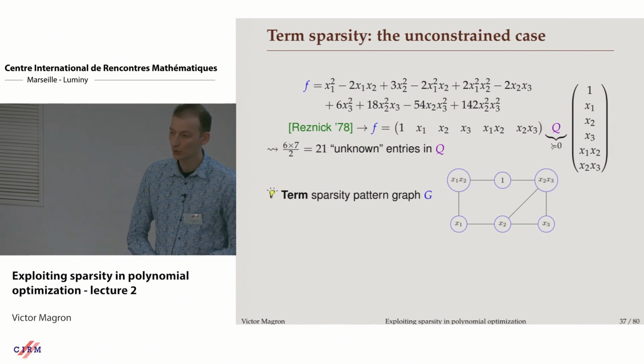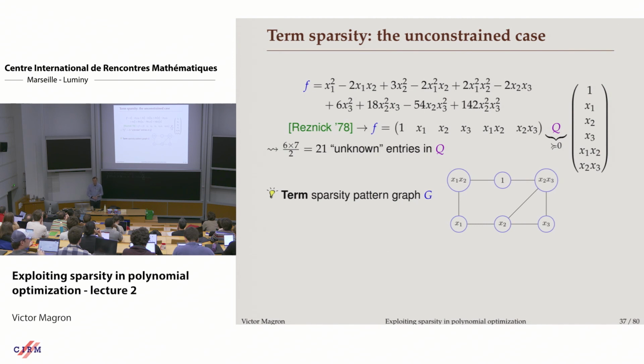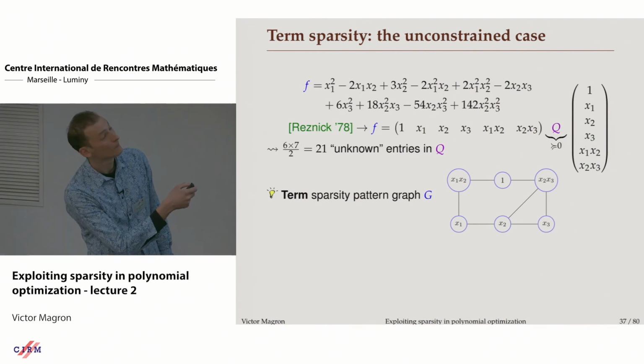And then you draw an edge between 2 nodes if the product either appears in the support of f or is a square. Because at the end you want a sum of squares decomposition, so you also have to include the squares. So for instance, on this graph, you have an edge between x2 and x2 x3, because x2 squared x3 appears in the support. Where is it? Here.